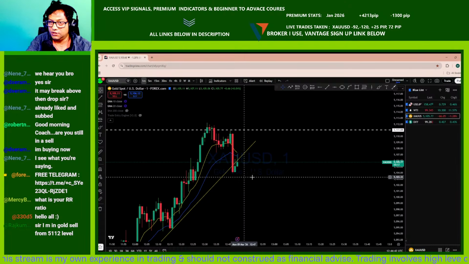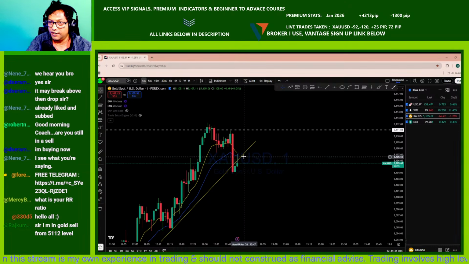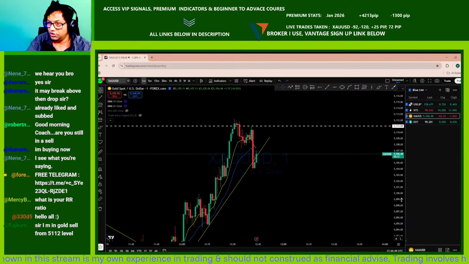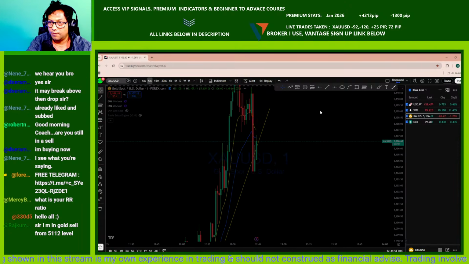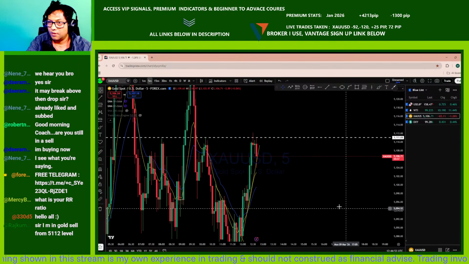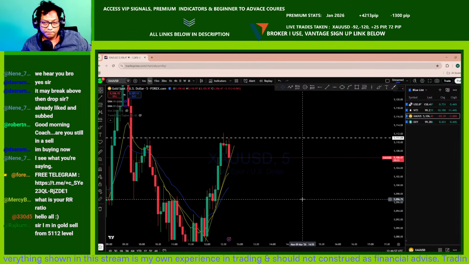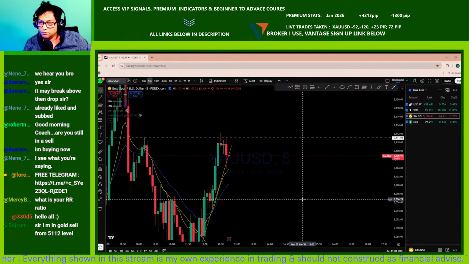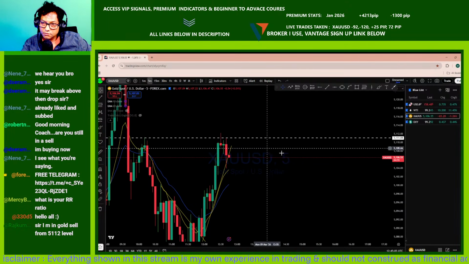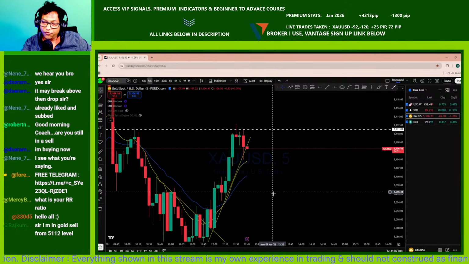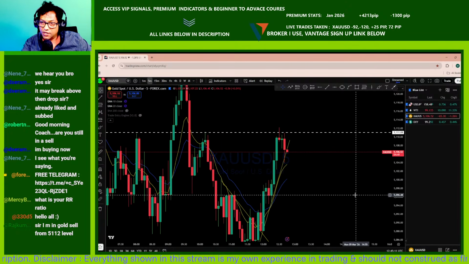Now this drop can be a continuation pattern or it can be a trend change call here. Here's the move, and expecting it to go further downside back below here in that market.